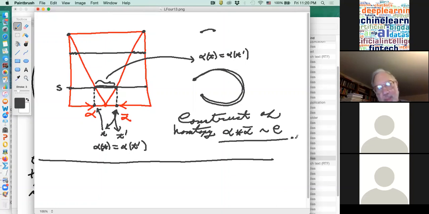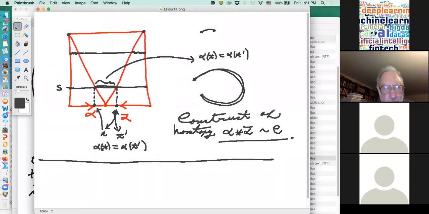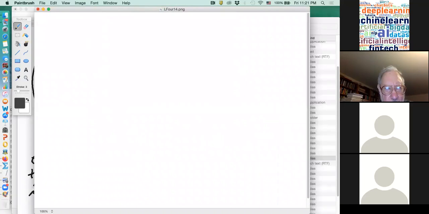Now, I forgot to mention reparameterizations, so we'll keep to that and go back to something more fundamental for a moment. Multiplying paths. What does multiplying paths look like?